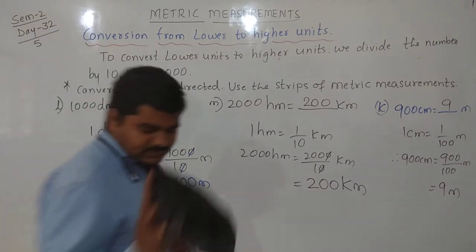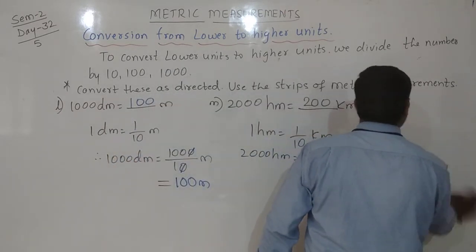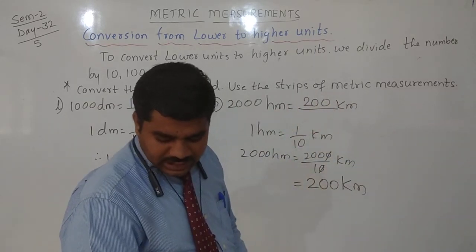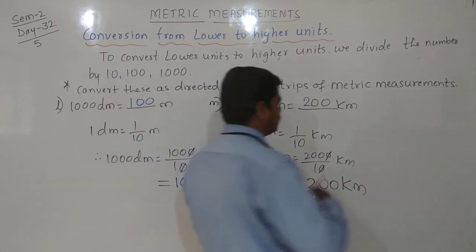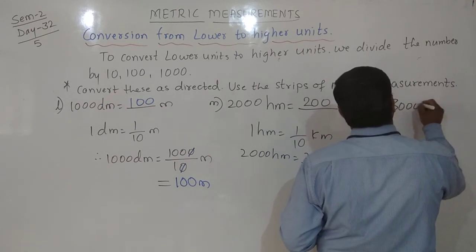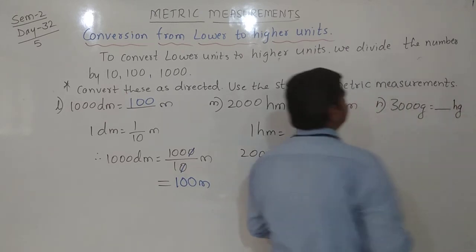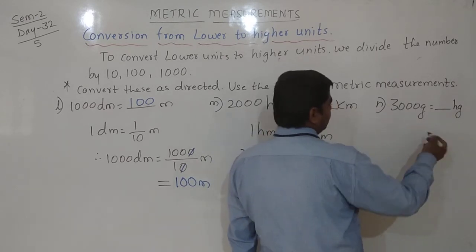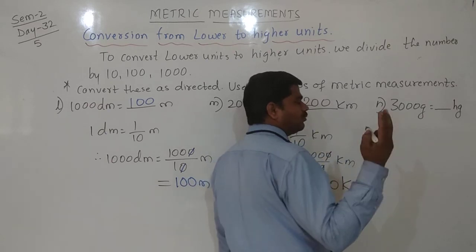N. 3000 grams. Write all this. Pause the video and you can write. 3000 gram is equals to dash hectograms. Yes, here write grams to decagram, decagrams to hectogram, two places.